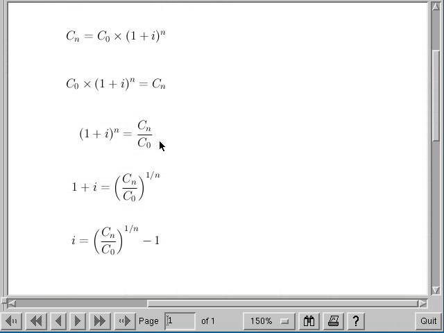Then we have 1 plus rate to the power of number of years is equal to the ratio. Take the power, put it on the other side. That means 1 plus rate is ratio to the power of 1 over n. And finally, rate is ratio to the power of 1 over n minus 1. And we will use this formula.